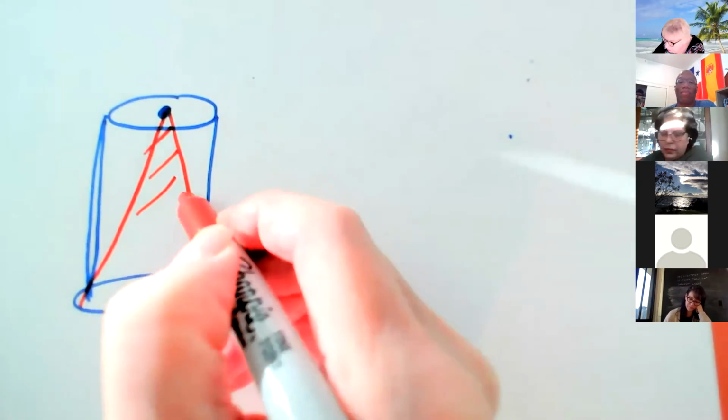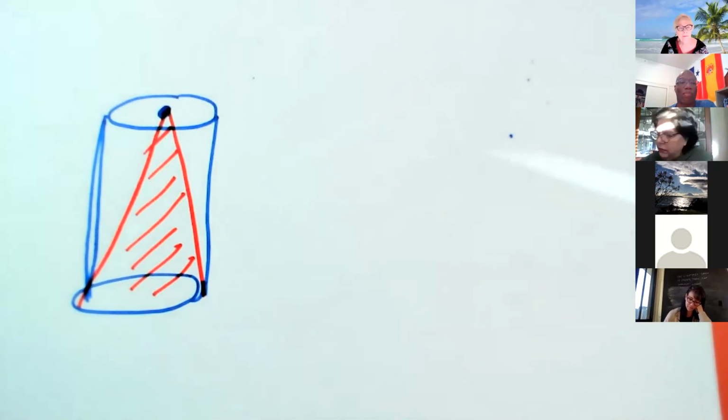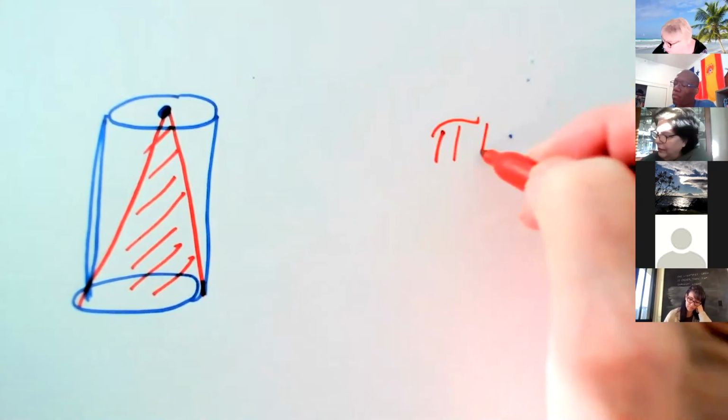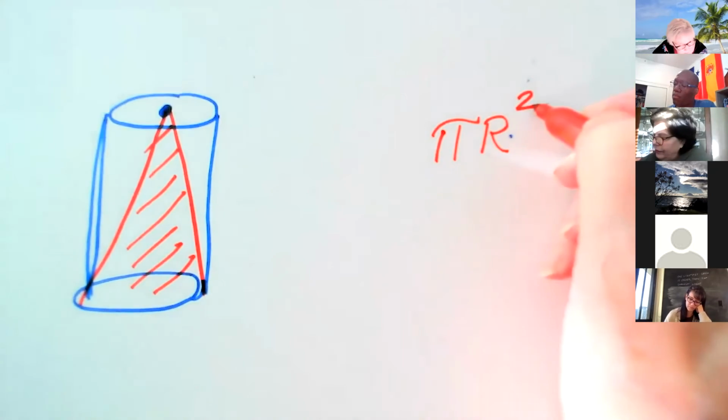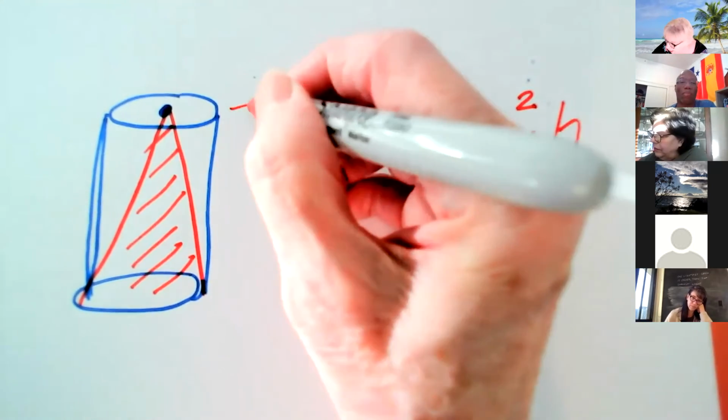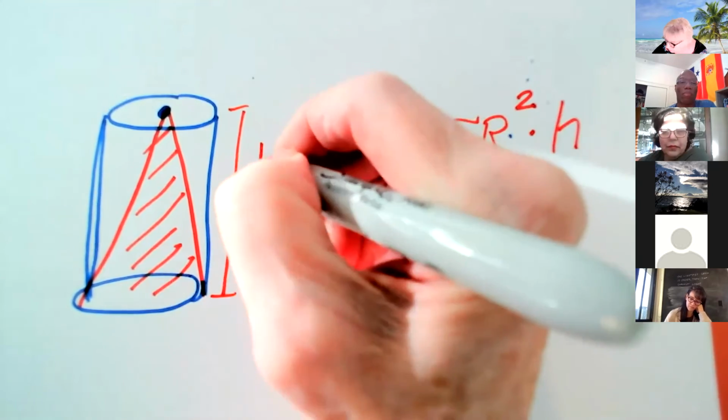So what you have is this much. So the formula actually includes pi r squared. It includes the height, and the height would be this much.